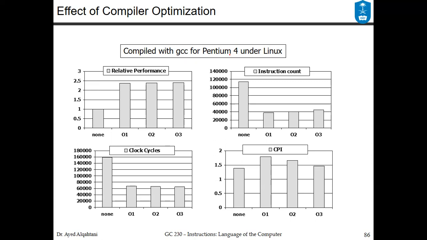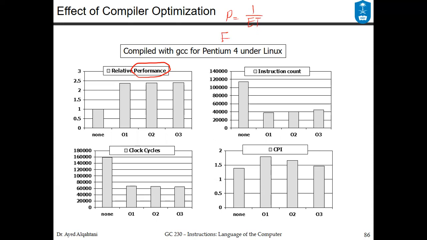That's one of the old processors from Intel, under the operating system Linux. So what we did is we're trying to calculate the performance, and we know that the performance is related to, let me write it down, that the performance is 1 over the execution time.